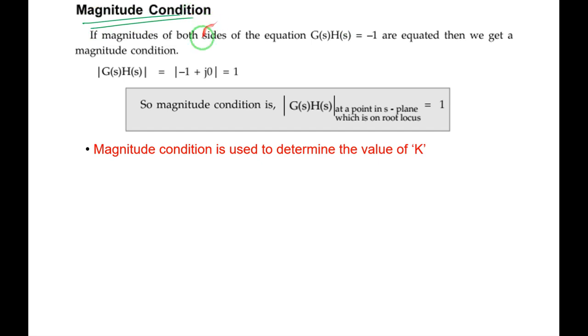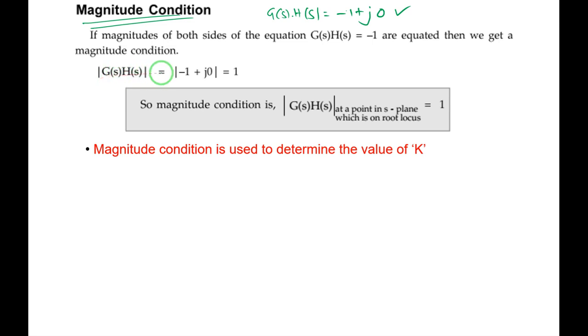Angle condition we have already seen, and we know that g of s into h of s is equal to -1 plus j0. This is from the characteristic equation 1 plus g of s into h of s equal to 0. This we know. So apply magnitude on both sides.